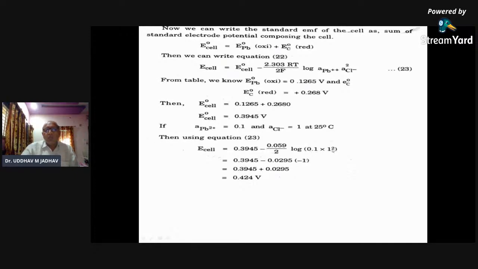We know that 1 raised to 2 is nothing but 1, that is 1 into 1. If you calculate, the minus gets a plus, and the sum of these two values comes out to be 0.424.